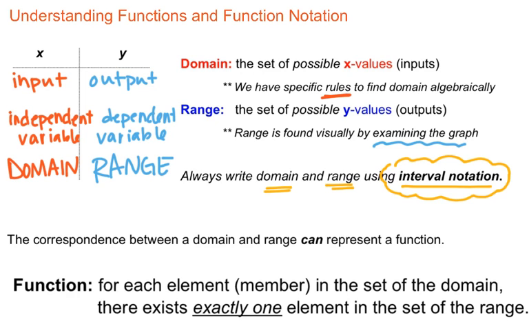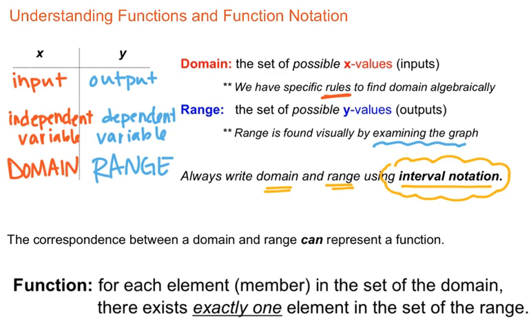Our formal definition of a function says that for each element or member in the set of the domain, so for each input, there exists exactly and only one element or member in the range, my set of outputs.